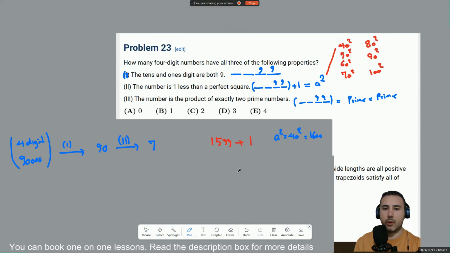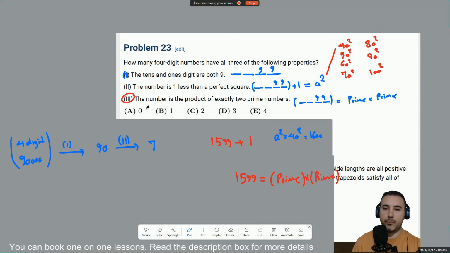Okay. Now, the number 1599, is it equal to prime times prime? Is it? How to do this part? I already taught you how to do this.